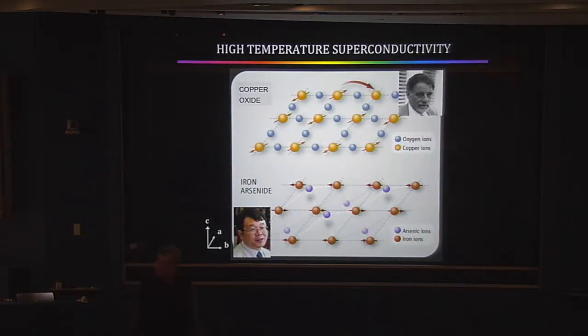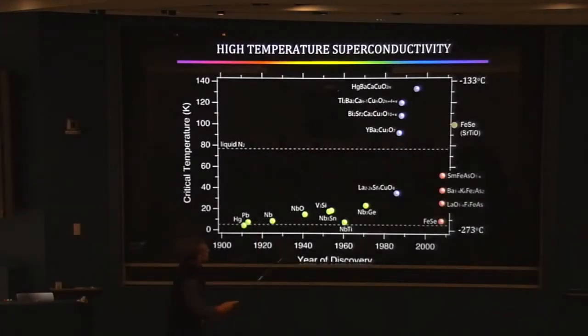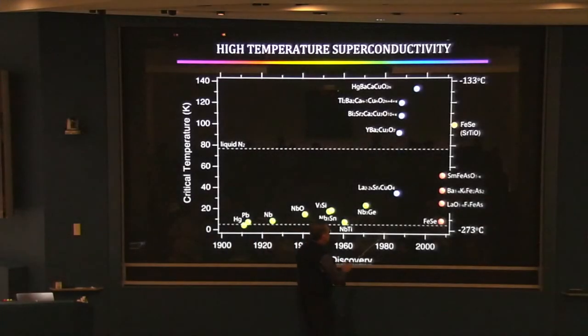So here's our hope. There are 2 classes of compounds, one discovered by Alex Müller and the other by Hosono-san, which are high temperature superconductors. I'll tell you more about them in a second. So the copper-based ones were discovered here around 1986, and the iron-based ones 20 years ago, about 2006.